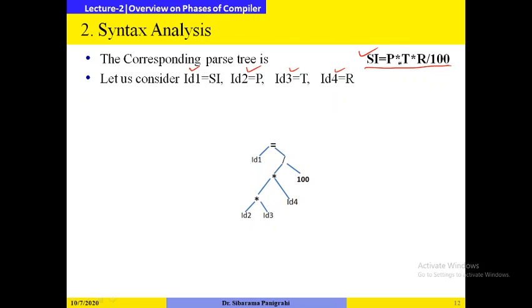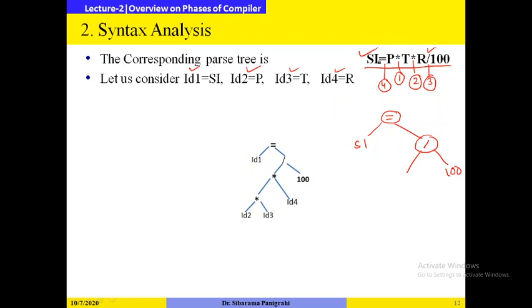First we will prioritize the operators: first precedence, second precedence, third precedence, then equal to as the fourth. We start from the operator having the lowest precedence, the equal sign. On its left side we keep SI. On the right side is the third precedence, division. Division has a left child and a right child. On the right child we have 100.